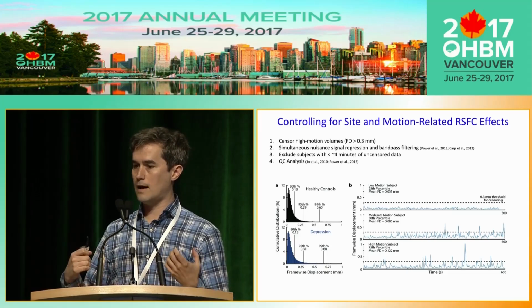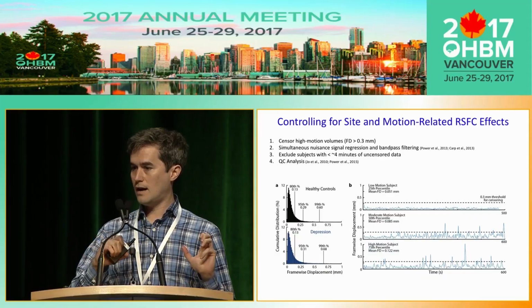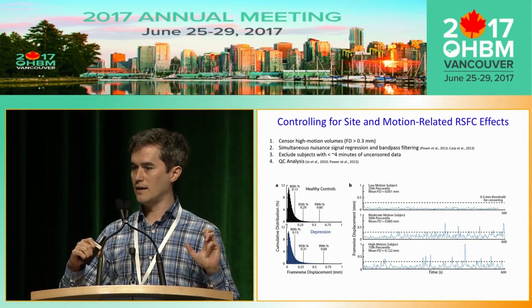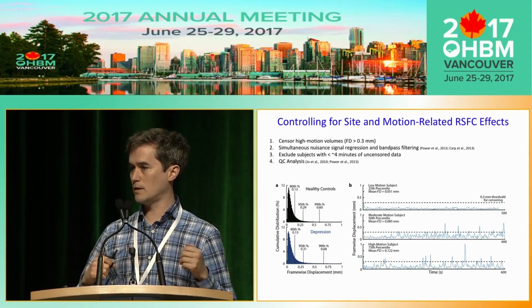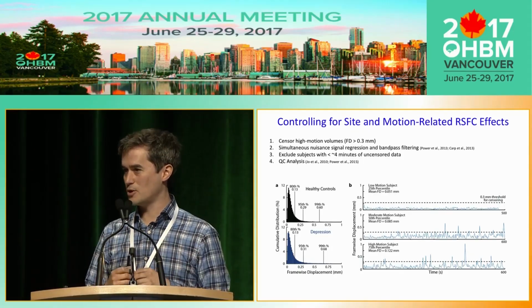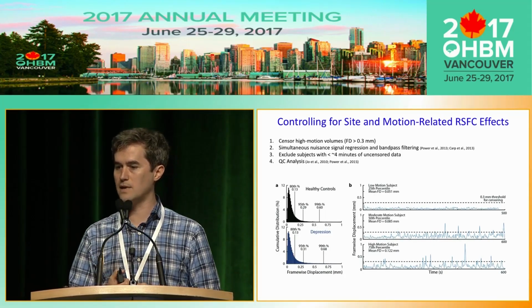We perform simultaneous nuisance signal regression and bandpass filtering to avoid the effects that some people have observed where bandpass filtering prior to nuisance signal regression can spread out the motion artifact into volumes that don't get censored based on that frame-wise displacement threshold.